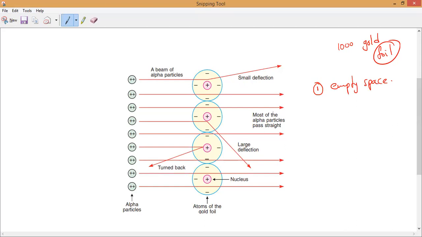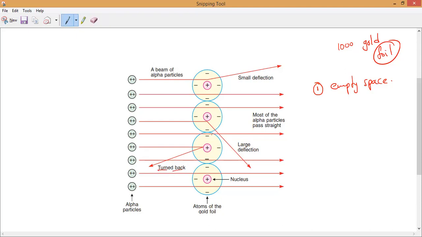Next, what is the second one? Only a very low percentage of alpha particles show some deflection, some show a little bit large deflection, and very few are turning back in the same direction.